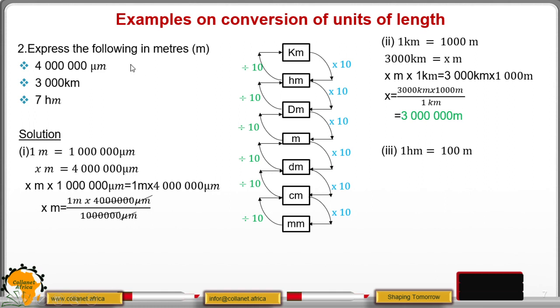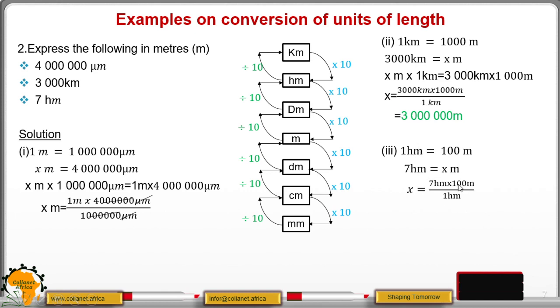Then 1 hectometer is equivalent to 100 meters, and I have shown you how you are getting this equivalent. From hectometer to meter, you are multiplying by 10 and 10. So you get 100. So 7 hectometers are X. We are looking for X. So again, you can see that the units that are similar are on one side.